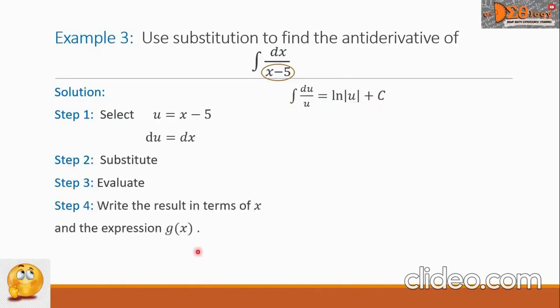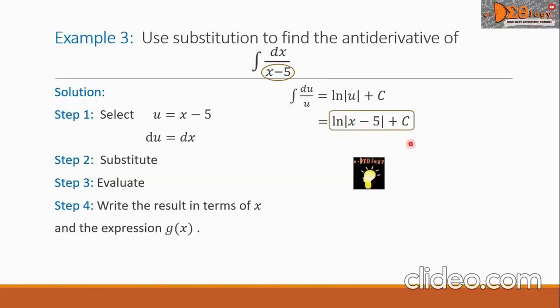For step 4, let us now return the value of u from step 1. So the u is the x minus 5. So we write now ln of the absolute value of the quantity x minus 5, then plus c. This is the final answer.